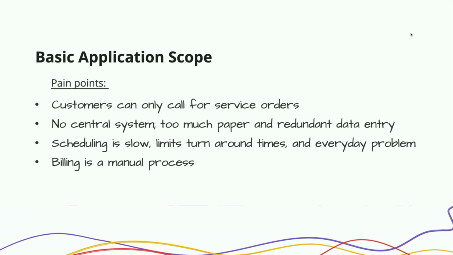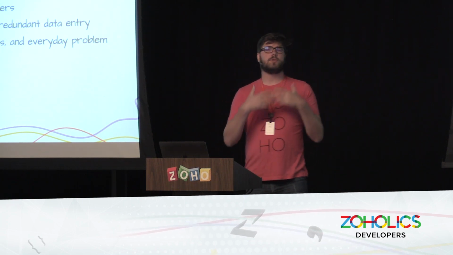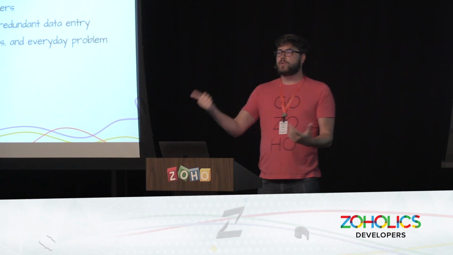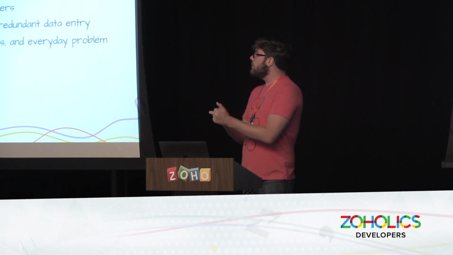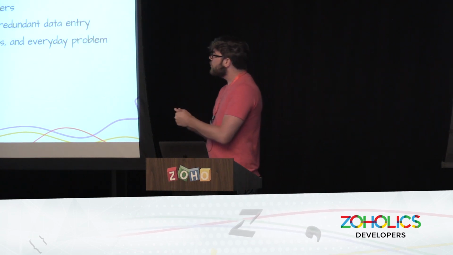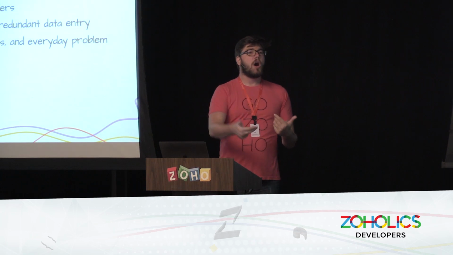So customers, they can only call for service orders. It would be nice if we could give them a way to request help without actually having to call anyone, which obviously is a drain on our resources. So if we could help customers fill that out and do that automatically, it would not only reduce staffing hours and free that person up to do more important things, but it would also reduce the chance that someone is going to enter the information wrong, right?